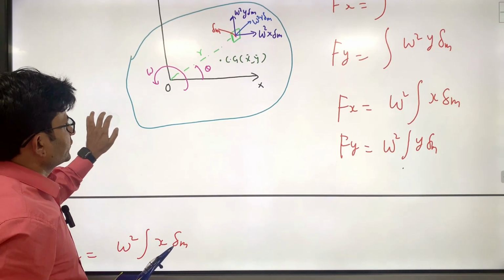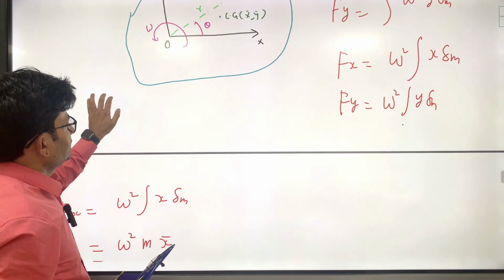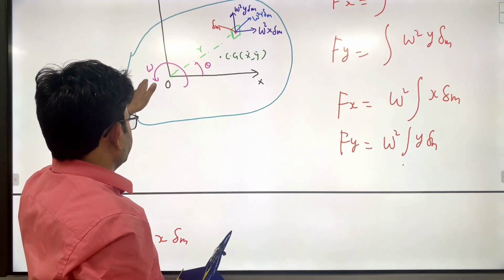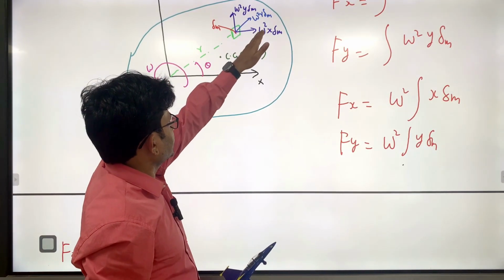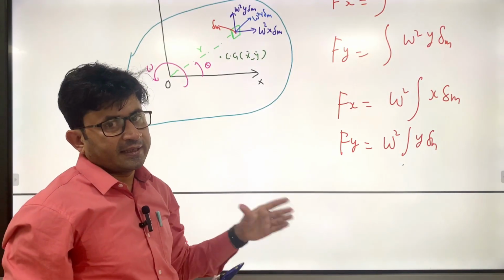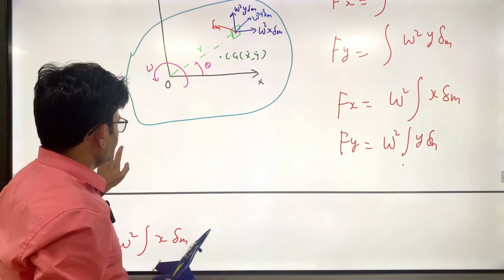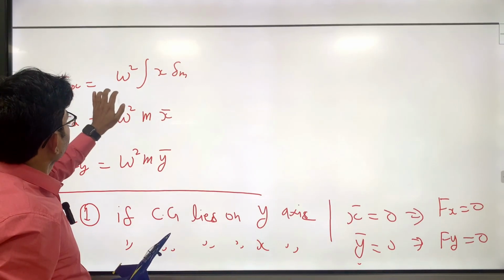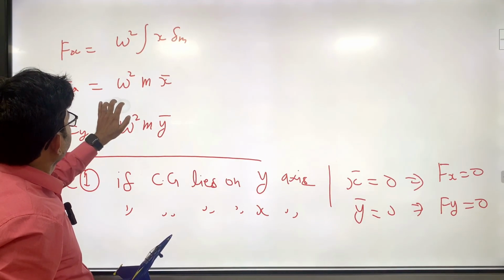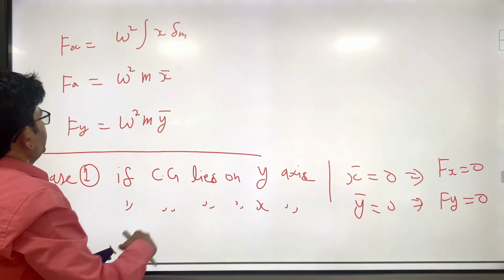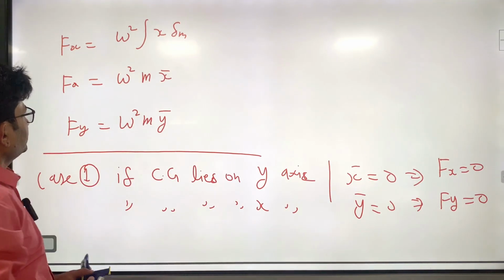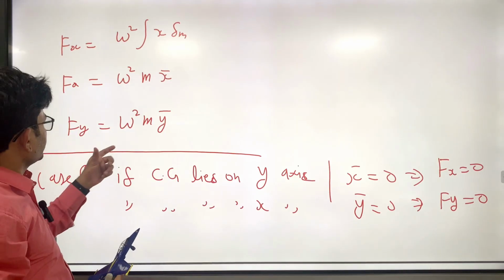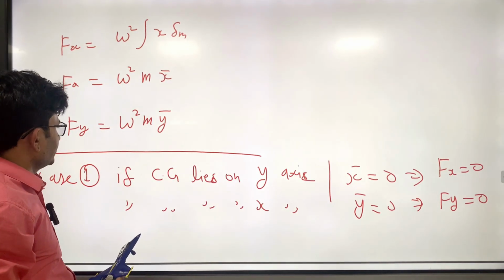But this is the inertia force, opposite to that one. So the centripetal force m r omega squared acts inward, but the inertia force m r omega squared will be outward, and here m is delta m only, the elemental mass. Basically, integral x delta m you can denote as m x bar, and Fy equal to omega squared m y bar.